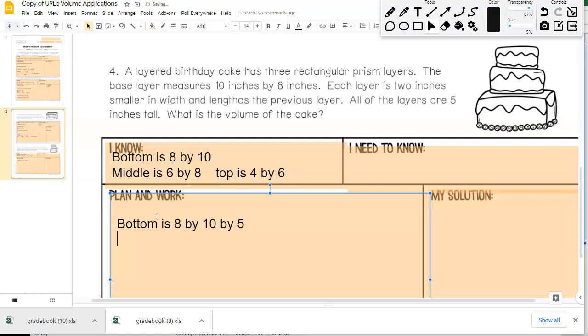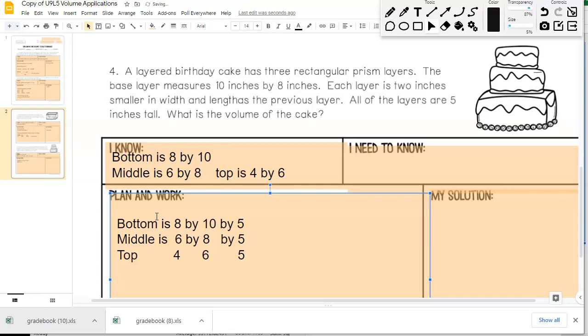Now this one, the middle is 2 inches shorter in each direction. So the middle is, well, in these two directions, so it's 6 by 8, but still 5 inches tall. And the last layer, the top, is 4 by 6 by 5.